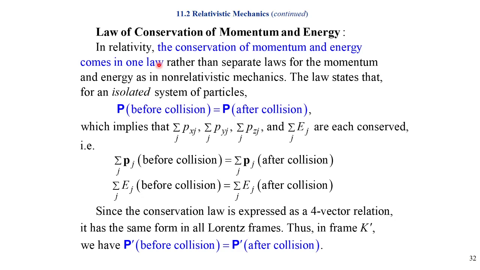So we have two expressions, one before collision, before interaction, and one after interaction. So we can write it in this form. Since the conservation law is expressed as a four-vector relation, it has the same form in all Lorentz frames. The same form. So the conservation law is very easy and always in the same form. Pretty convenient.